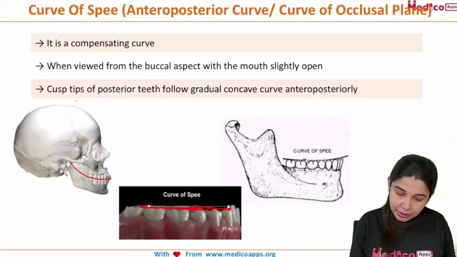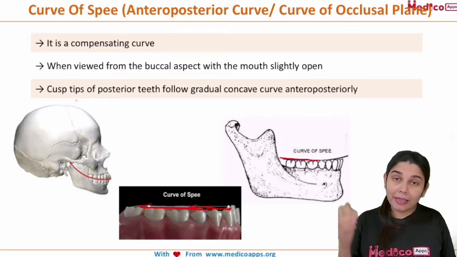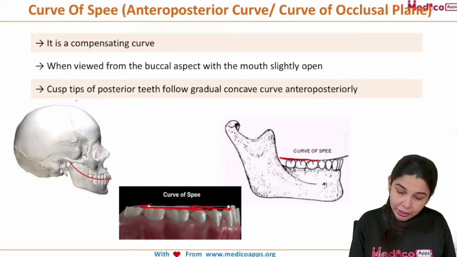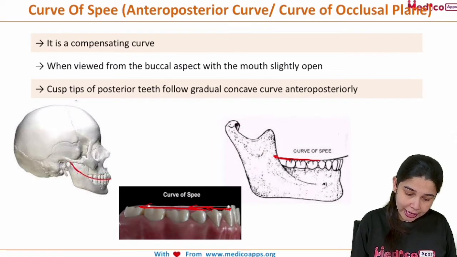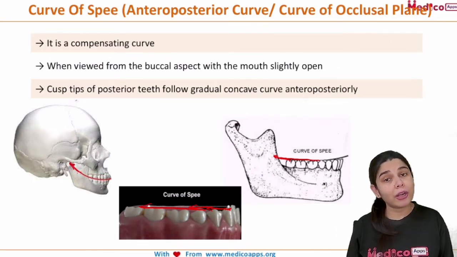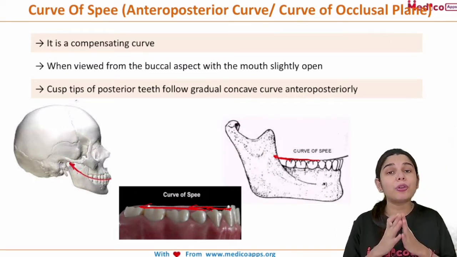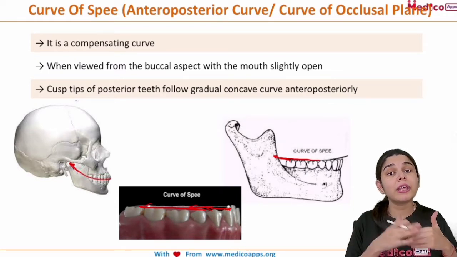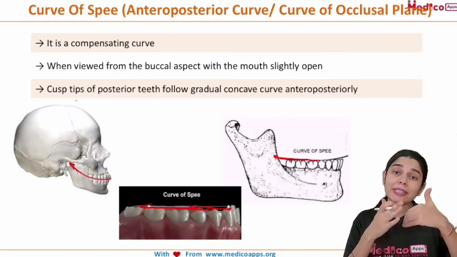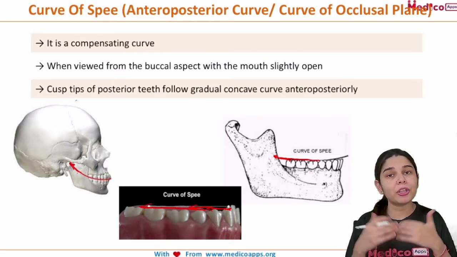As you can see, this is premolars, molars, passing to the ramus of the mandible and finally ending posteriorly at the mandibular condyles. That is why I told you that mandibular condyles play a major role, because they move from the centric to eccentric relationship in the oral cavity.